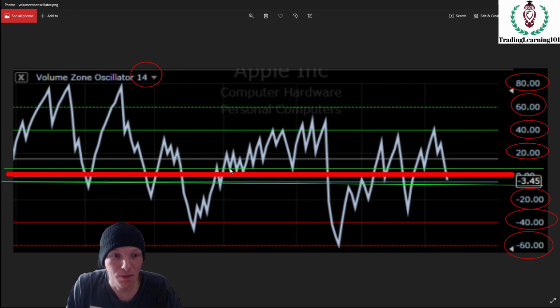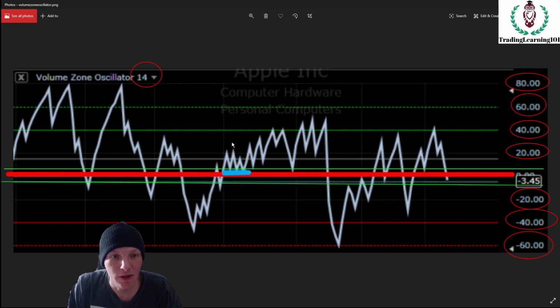When the stock's bouncing, holding support at the 0 line, all right here, that's showing bullish strength. It's holding positive bullish strength at the 0 line above it, and then it bounces up higher.